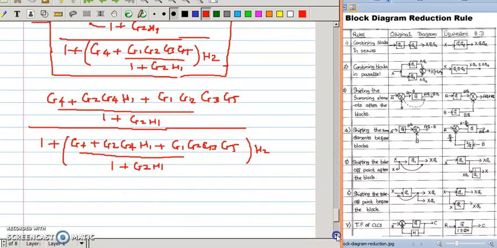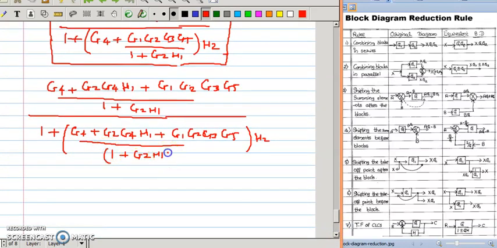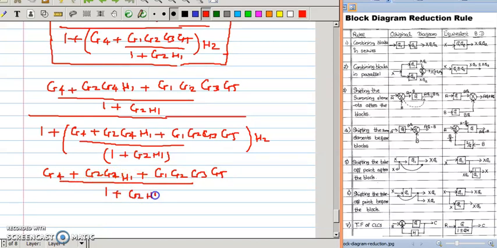Okay, again take cross multiplication. 1 plus G2 H1 is multiplied with the 1, so the numerator as it is, G4 plus G2 G4 H1 plus G1 G2 G3 G5, whole divided by 1 plus G2 H1. Okay, now let's cross multiply here.